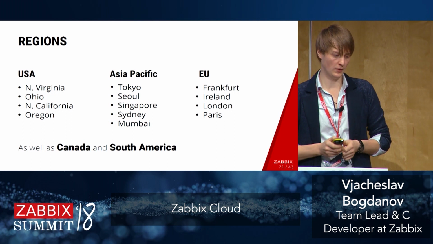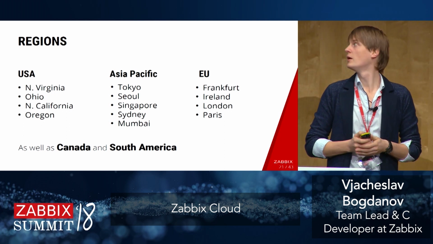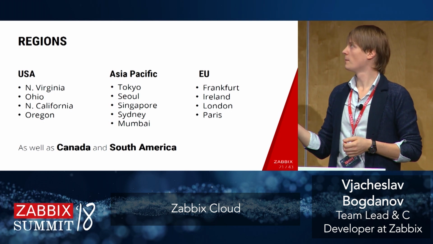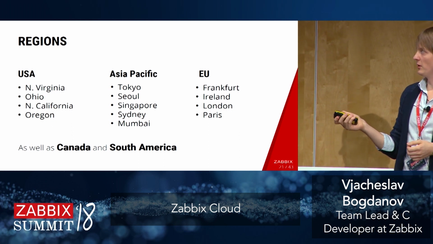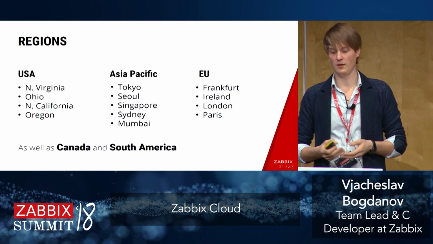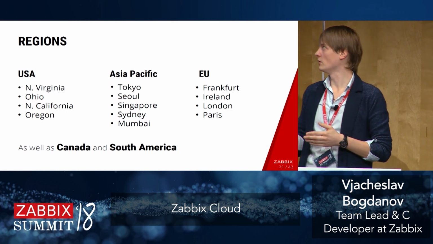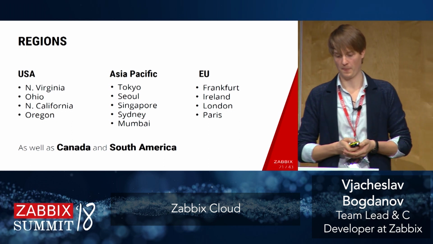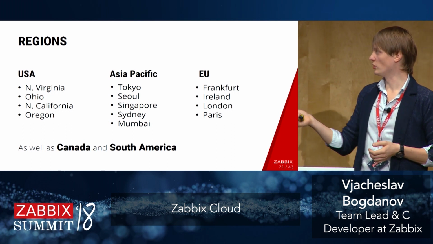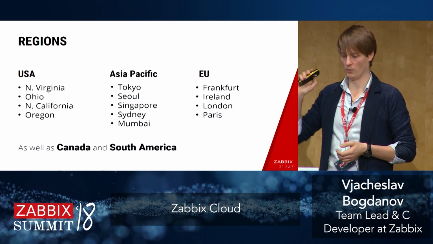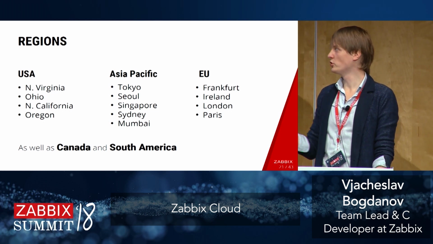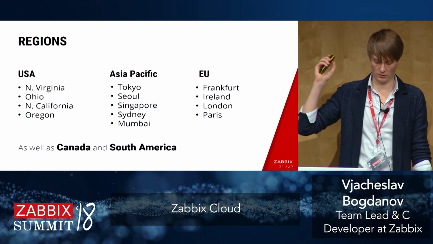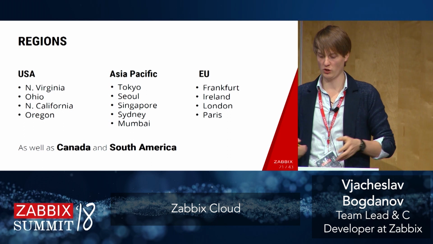Currently, we use Amazon as cloud provider. Amazon is available in the following regions: USA, Asia, European Union, Canada, and South America. And those are the additional regions. So you can put your monitoring in any of those places, and in fact, in a combination of places.